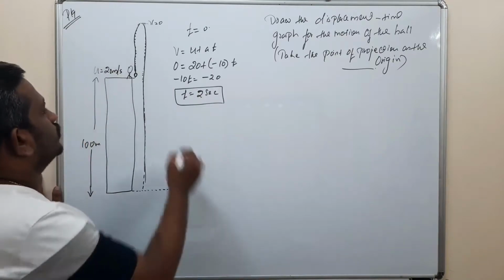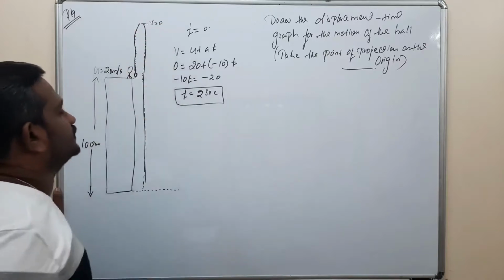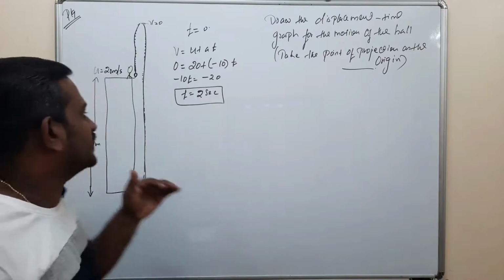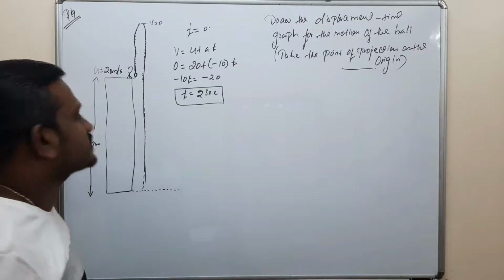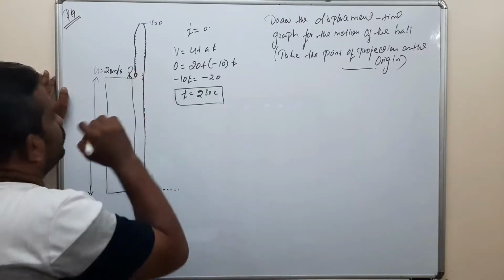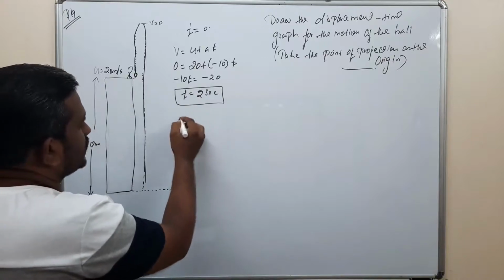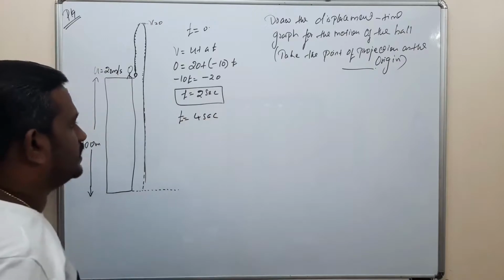When the ball returns to the original position, what is the time? That is t equal to 4 seconds, because the time for the upward motion and the downward motion is the same. So t is equal to 2 seconds at the maximum height and t is equal to 4 seconds at the original position.